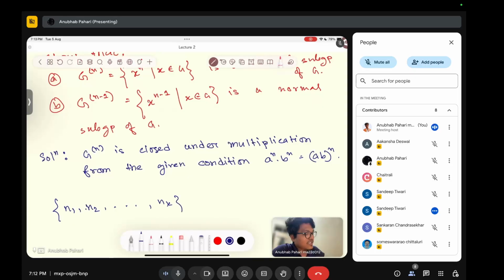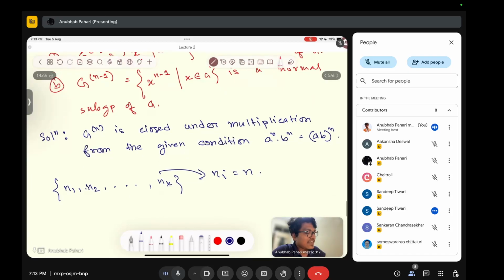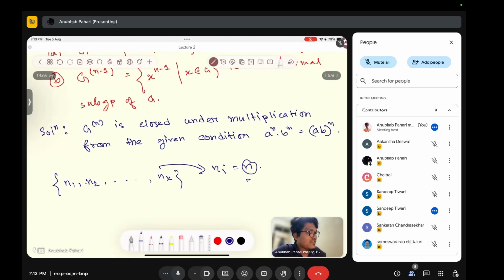You just choose a random ni, label this as n, and it is enough to show this for n. Because this was arbitrary, we have shown it for any of the cases.